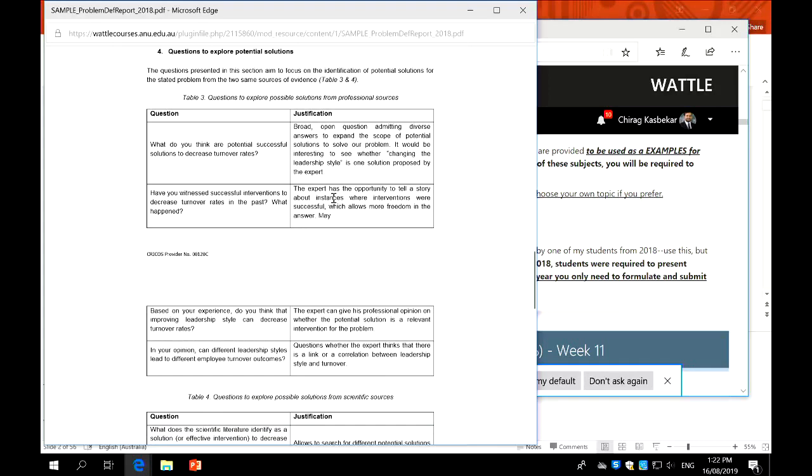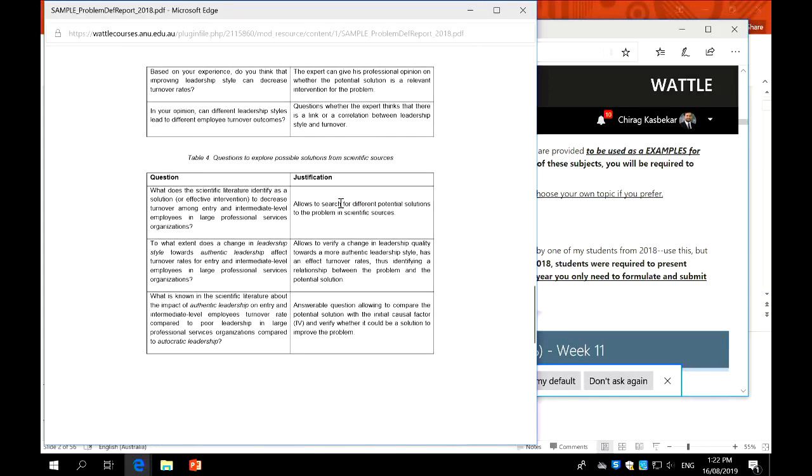So last year, the student focused on employee turnover, and the question that the student asked is, what is known in the scientific literature about the impact of authentic leadership on entry and intermediate level turnover compared to poor leadership or other forms of leadership in large organizations, right?